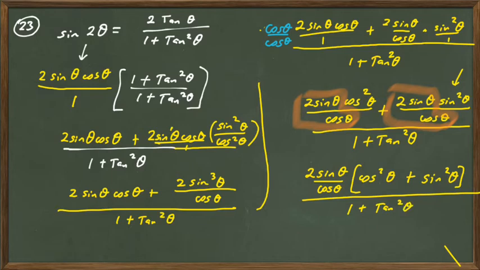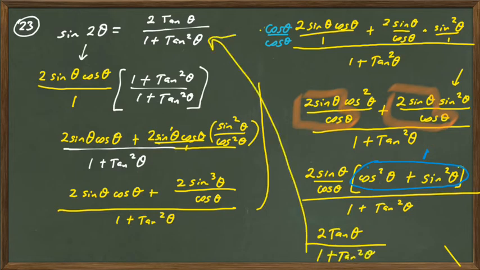So do you agree that this right here really is just times 1? And what is sine over cosine? So I think right now I have 2 tangent over 1 plus tangent squared. And notice that's what we wanted to make it match.